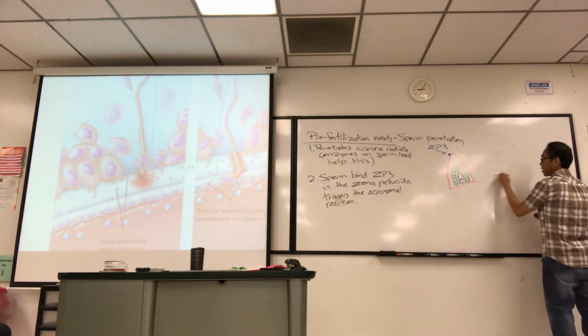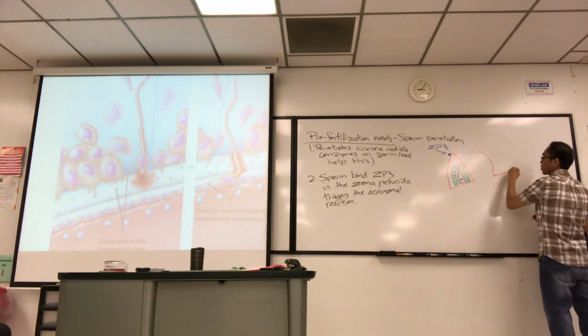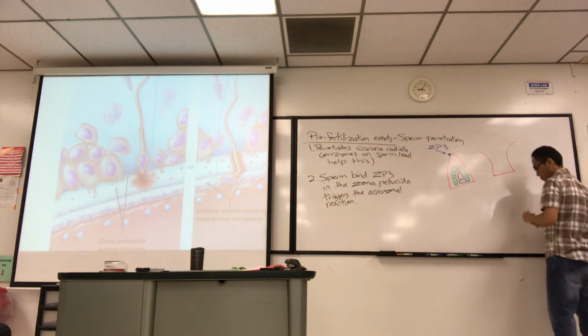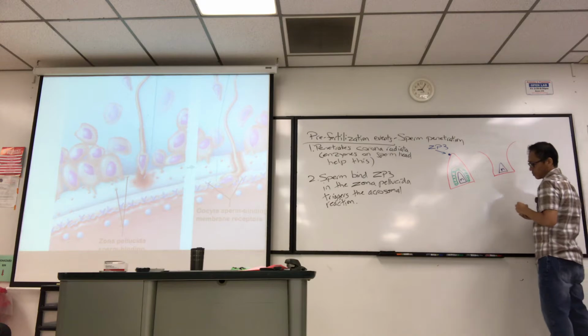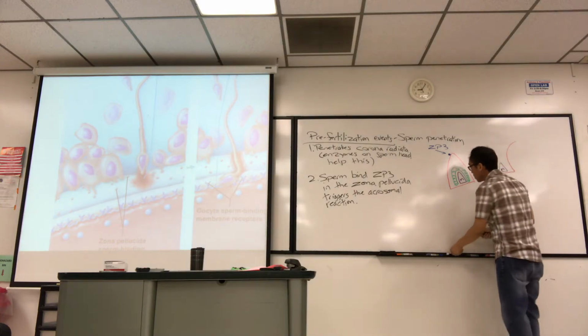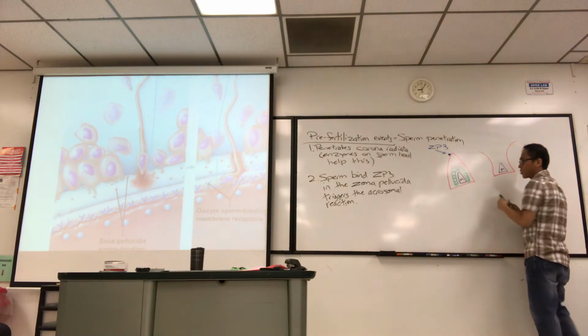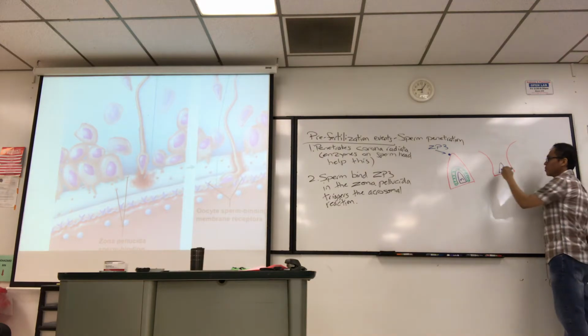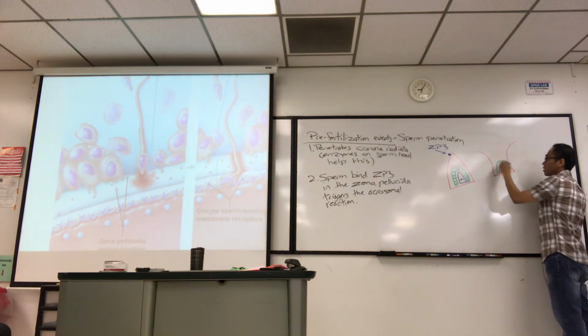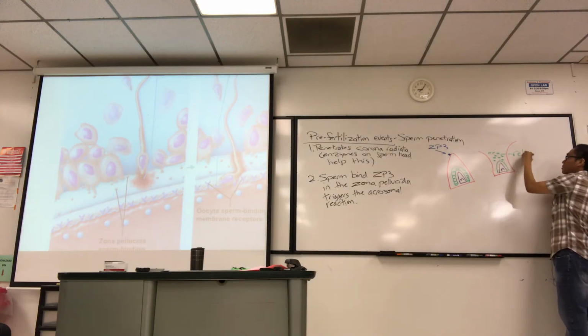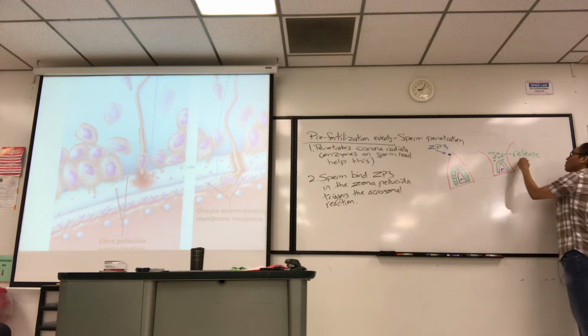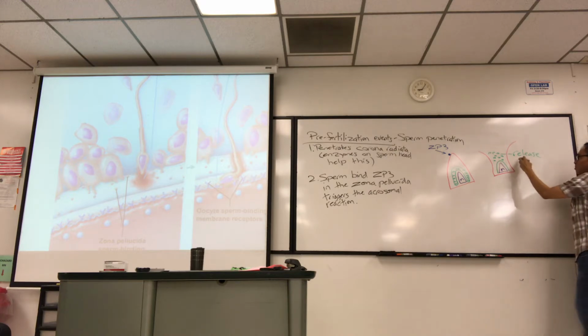And then when the two green membranes of the acrosome fuse, you just kind of get one membrane, and you've released chemicals to digest ZP, zona pellucida.